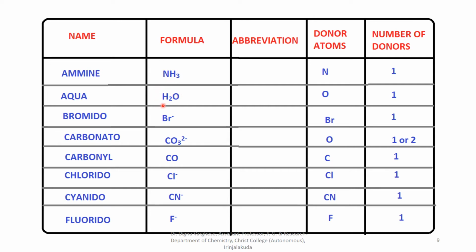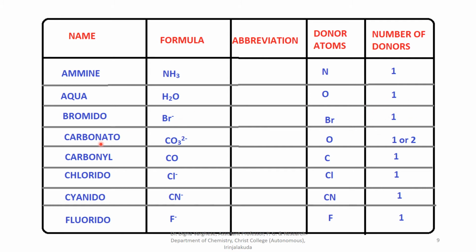In the case of aqua ligand, that is water molecule, H2O is its formula and oxygen is its donor site, and here only one donor is present. Another monodentate ligand is bromido. Bromide ion, formula Br minus. Br is the donor atom, that is bromine, and number of donor site is 1.